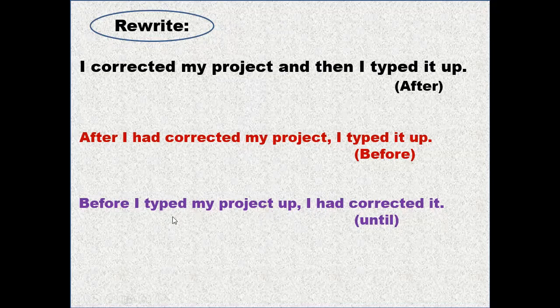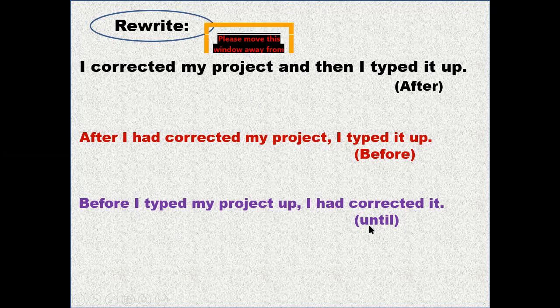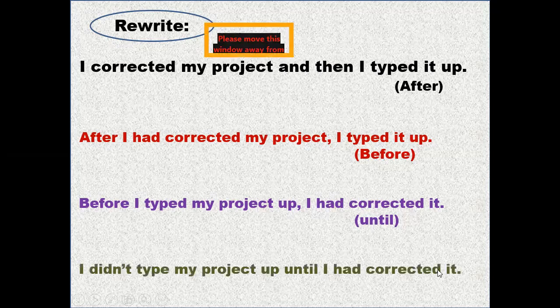I type my project up. We must change this sentence into negative. I didn't type my project up until I had corrected it. Excellent. I didn't type my project up until I had corrected it.